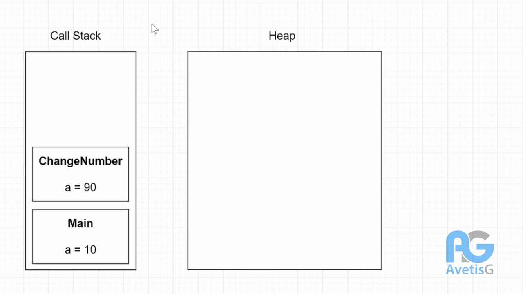A call stack is actually designed based on the stack data structure. So a stack is a data structure, and you know what data structures are. They're just a way for us to be able to organize data. But a stack organizes data in a very particular way. So we already know about lists, and stack is just another data structure.